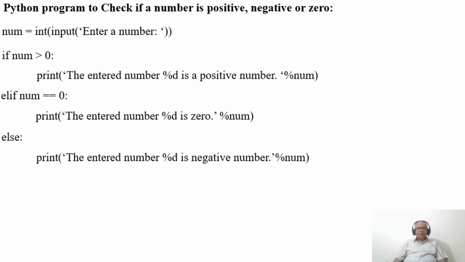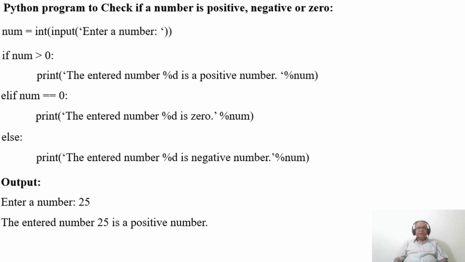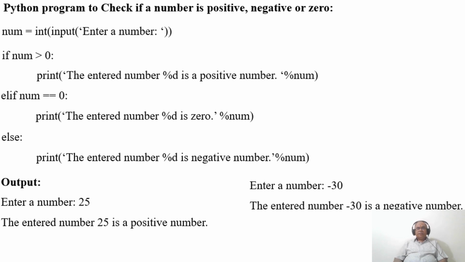Otherwise, the entered number is a negative number. Suppose 25 is obviously a positive number. Minus 30 is a negative number. Is minus 25 greater than 0? No, it will skip this statement. Is minus 25 equal to 0? No, so the entered number is a negative number.